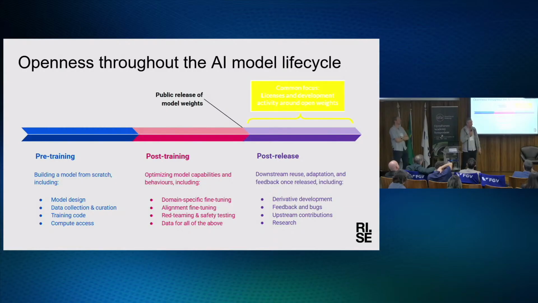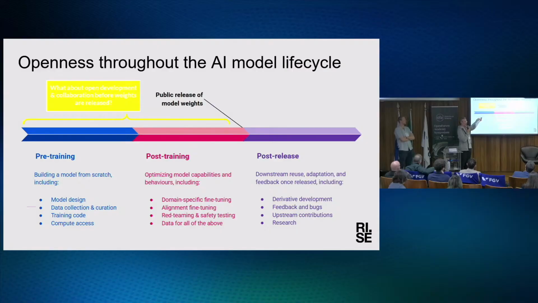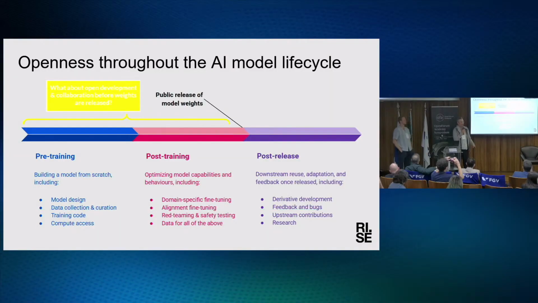But we were more about, what about before the weights get released? How does open collaboration happen in the pre-training and post-training phase if you're developing a model from scratch, for example, with the data collection, the data curation, the training frameworks that are used, the model design, and there was this mention of asymmetric infrastructure access.